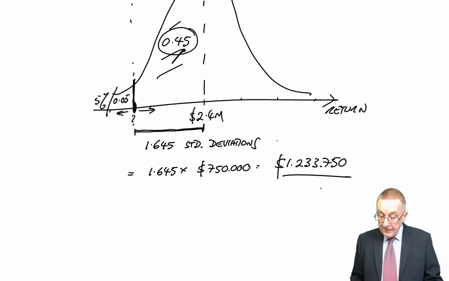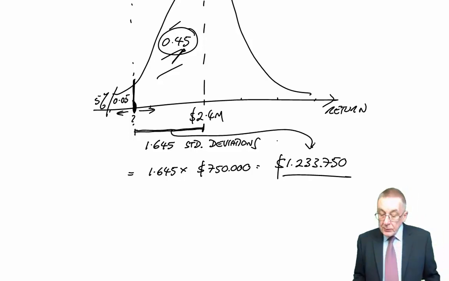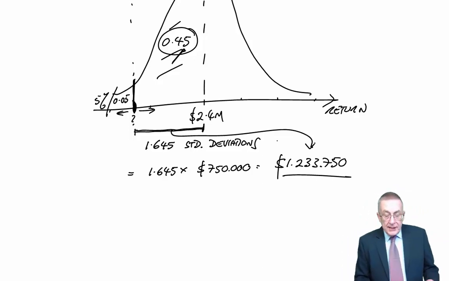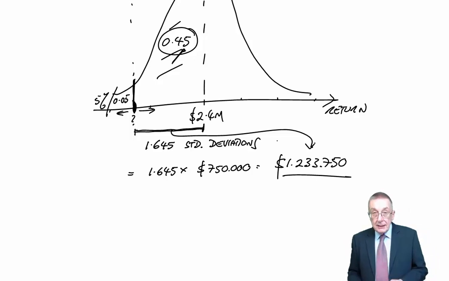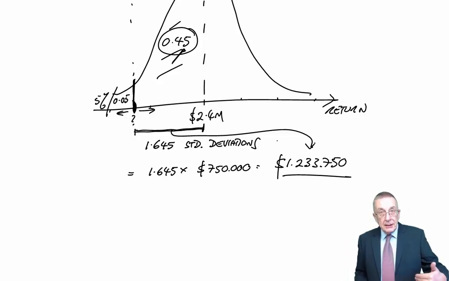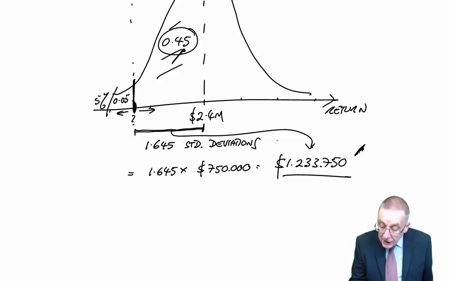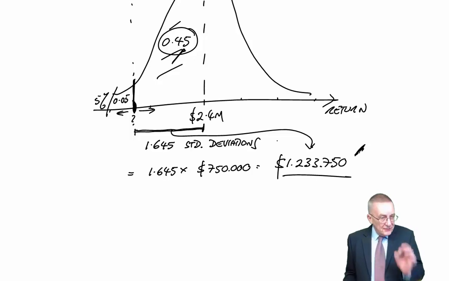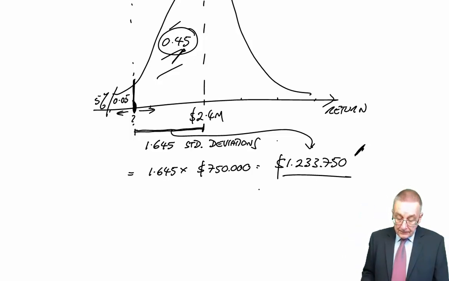That distance there is about 1.2 million. And so that's how much we're at risk. Remember, we think on average it'll be 2.4 million. It might be lower. We can afford it to be up to that much lower at 95% confidence. There's a 5% chance that it'll be more than that much lower.